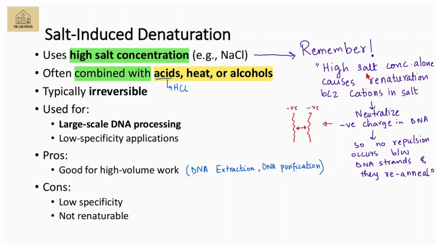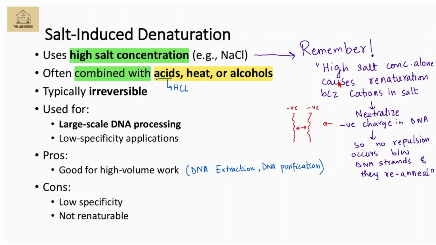In case of high salt concentration alone, renaturation occurs because cations in the salt will neutralize the negative charge in DNA. As we know, single-strand DNA is negatively charged because of the phosphate backbone, so the two single strands will repel each other and no rejoining can take place.